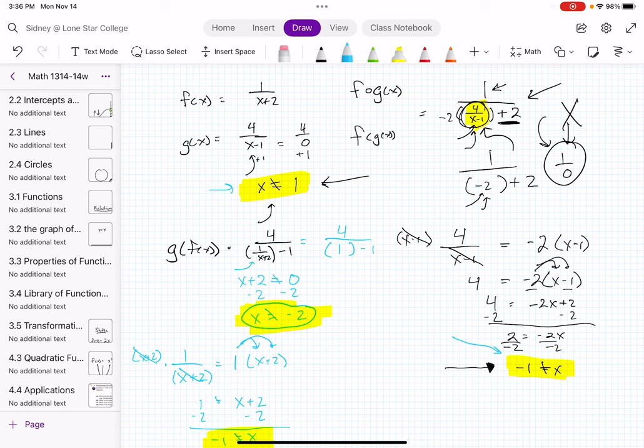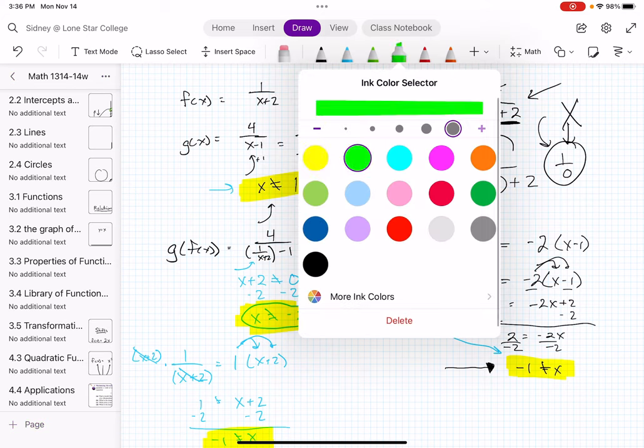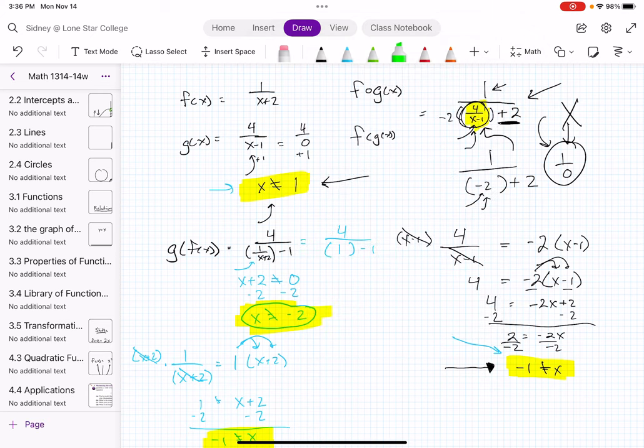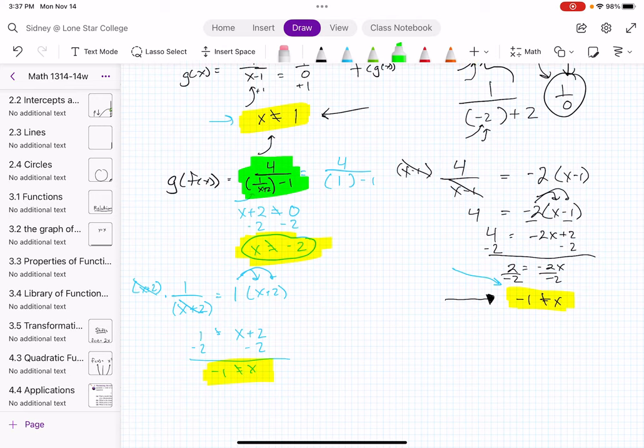And then second, you have to look at what you got after you plug it in and make sure that the piece that was plugged in also checks out in the holistic composite function, which is why I made sure that 1 over x plus 2 could not be equal to 1, because we have that minus 1 right there. That's what I was checking. So two things you've got to check. Make sure you check them both to verify the domain of a composite function.